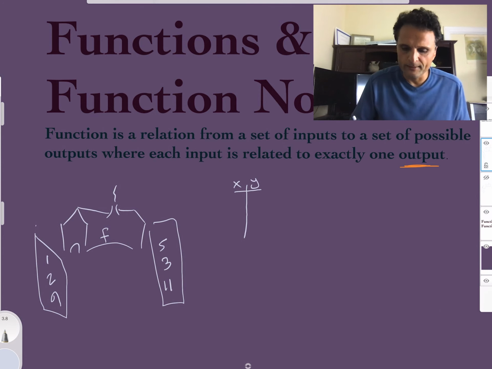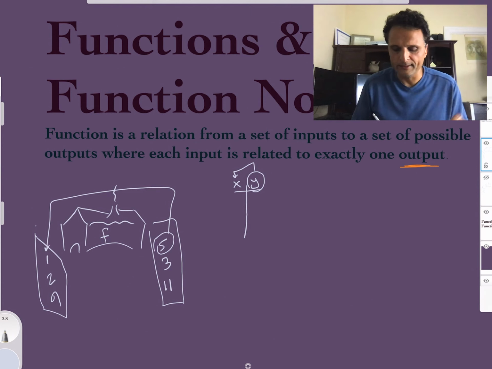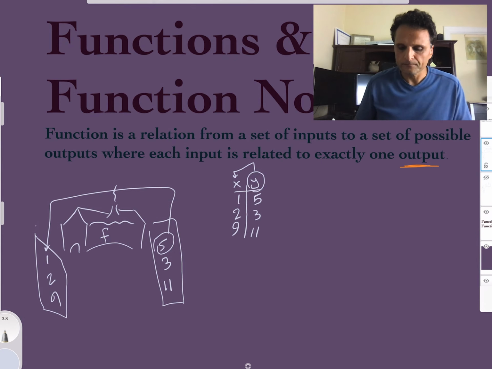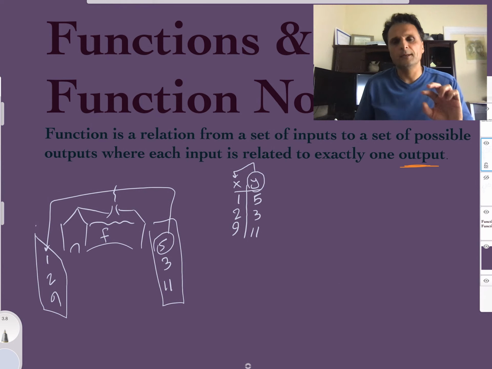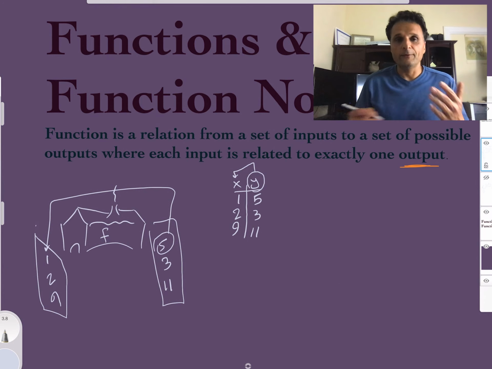For example, in this example, y will depend on x, or in this factory, this 5 depends on 1, but 1 is independent. So I can write it 1, 2, 9, and 5, 3, 11. So in this video, I'm going to make two types of example about the way we show the function.